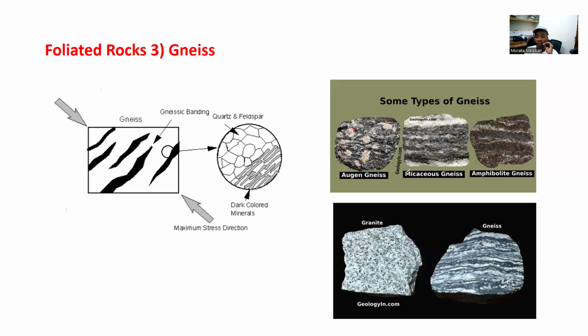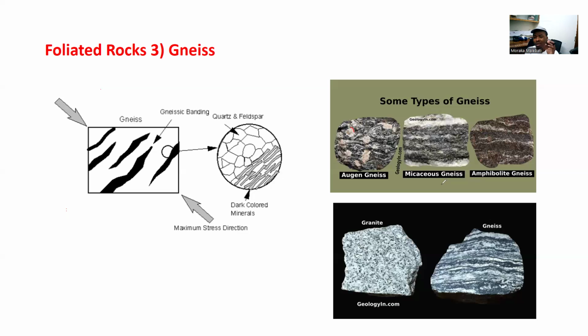And we also have the micaceous gneiss or the biotite gneiss. The biotite gneiss basically means it's dominated by biotite, it has a lot of micas. Although we can have quartz, the dominant will be micas.